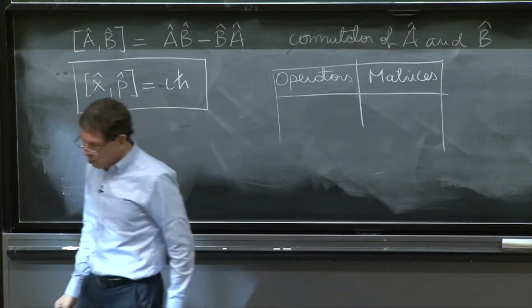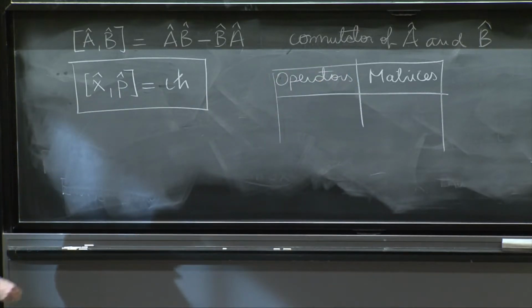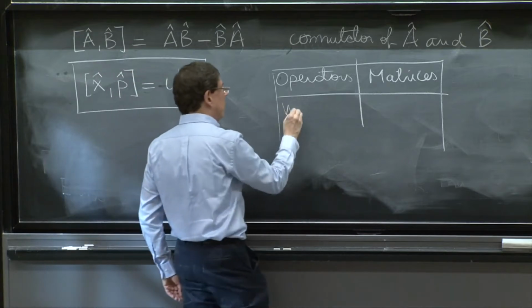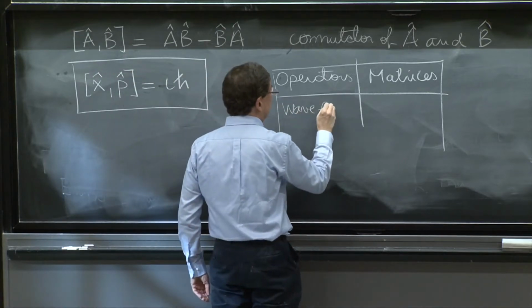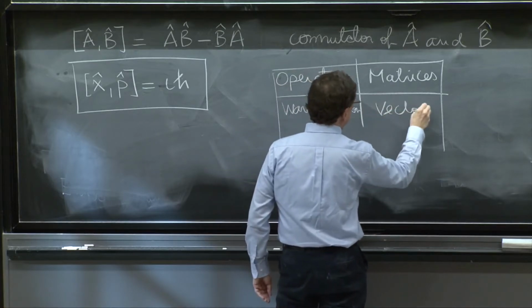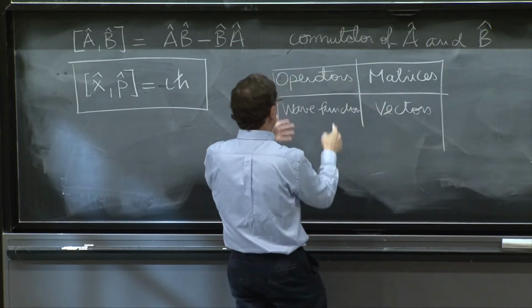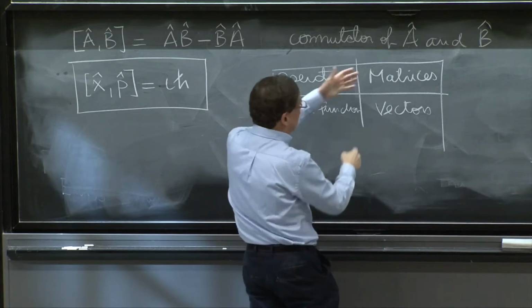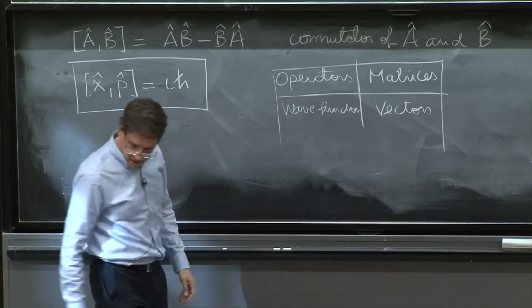Then in addition to operators, we have wave functions, and we think of them as vectors. The operators act on wave functions or functions, and matrices act on vectors.